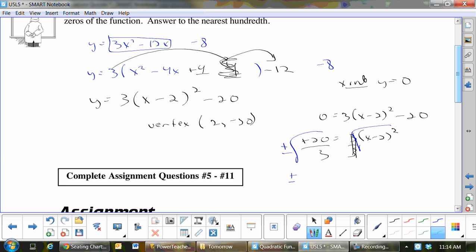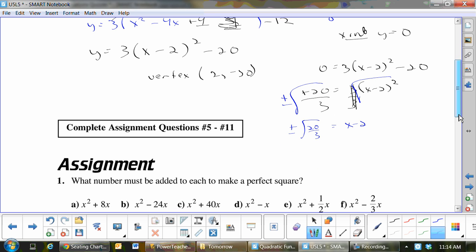So then I have plus minus root 20 over 3 equals x minus 2. So my final answer is plus or minus root 20 over 3 plus 2 equals 0. Okay? So it's positive root 20 over 3 plus 2 and negative root 20 over 3.